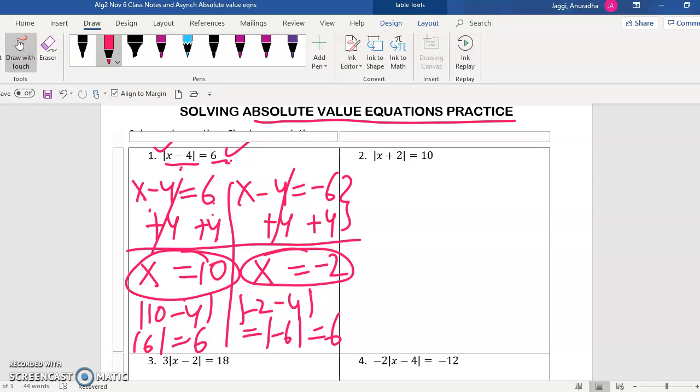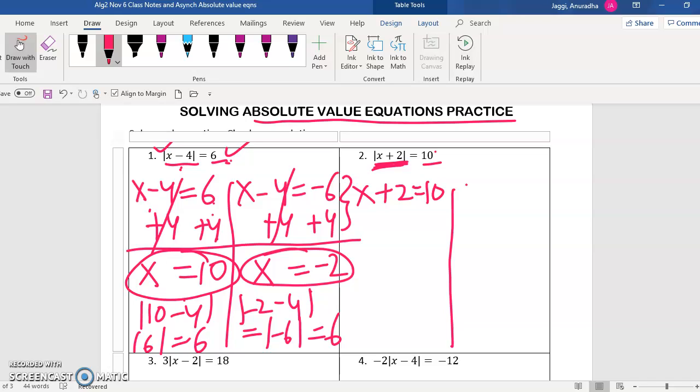Again, check point 1. Is the left hand side only inside the absolute value sign and is the right hand side positive? If that is the case, I split this equation again into two parts. x plus 2, I copy the inside of the absolute value, is equal to, I copy the outside here, 10.